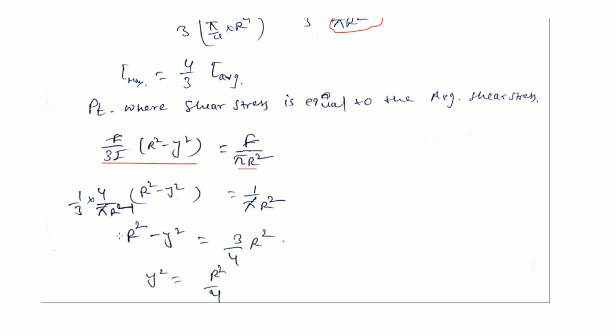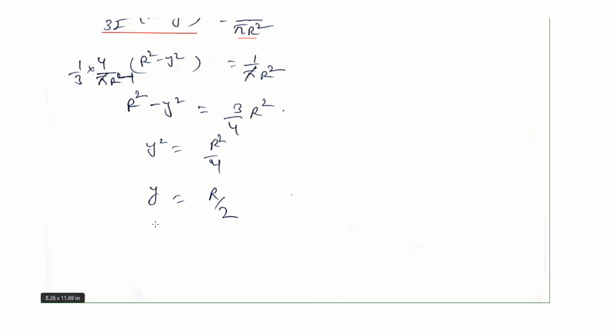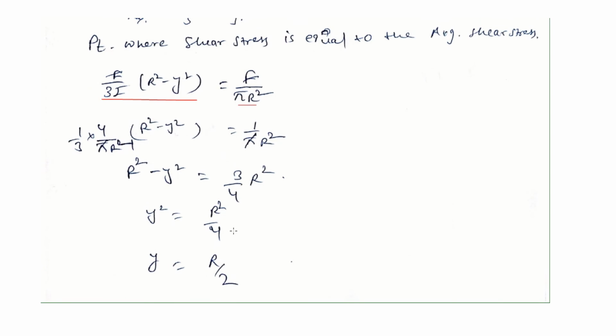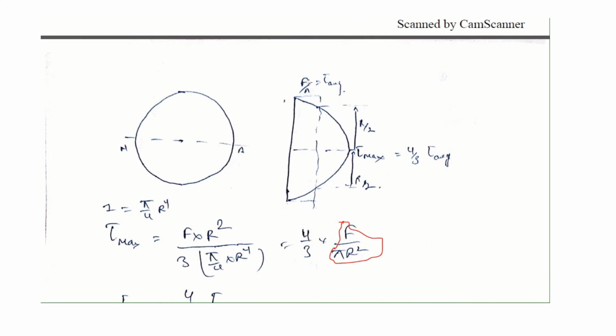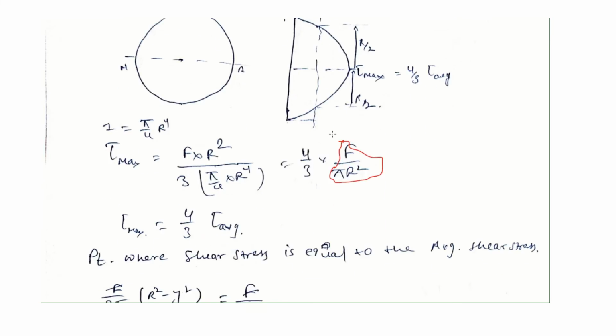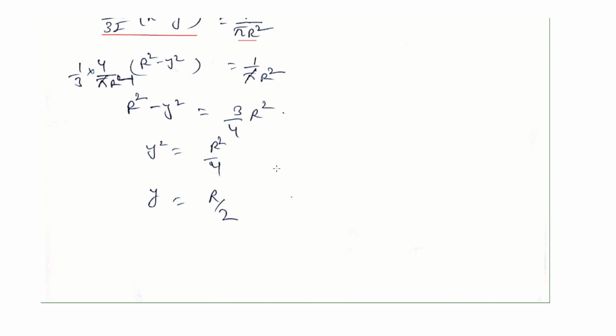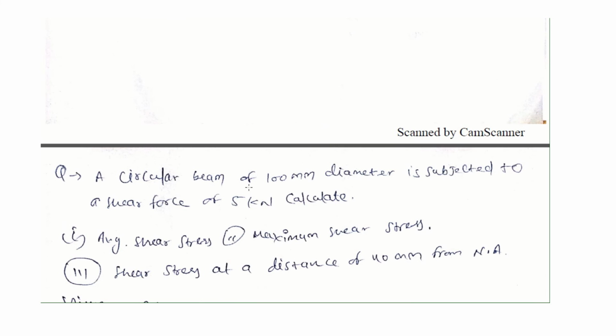So we put I value as pi by 4 r to the power 4, cut and simplify the equation, and we get y equals r by 2. That means at y equals r by 2, the average shear stress and the stress variation equation are equal. And now we calculate some numerical problems.